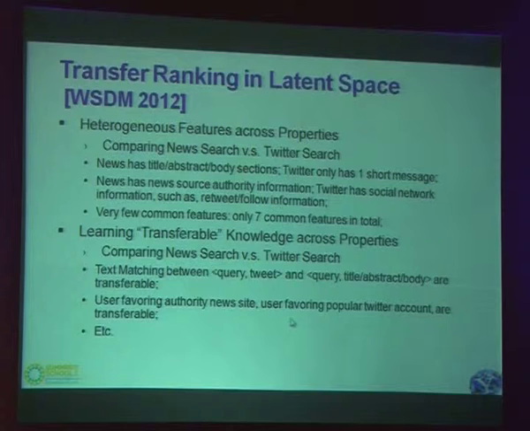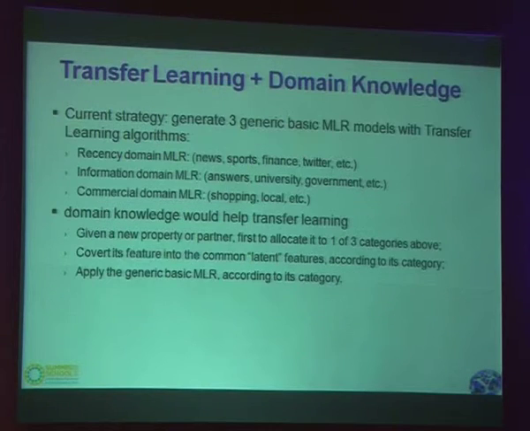And the user popularity information on Twitter social network based on page rank, they are transferable. They provide some signals. Although they are different features, they are similar in basic.